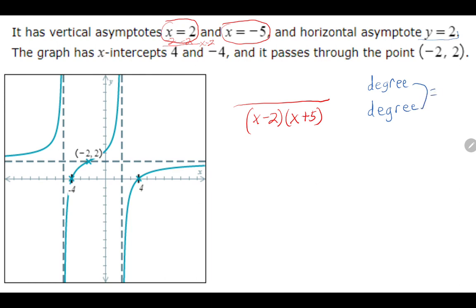I know this because when we talked about polynomials, we know what the degree is. And early on, before spring break, we talked about horizontal asymptotes. If the degree of the numerator is smaller than the denominator, then the horizontal asymptote is at 0. If the degree of the numerator is greater than the degree of the denominator, I don't have a horizontal asymptote. I have a slant asymptote.